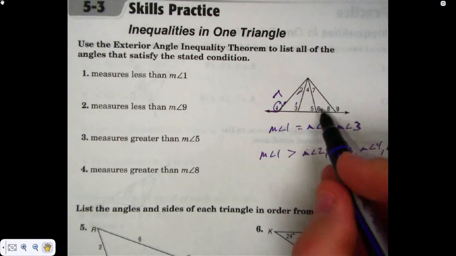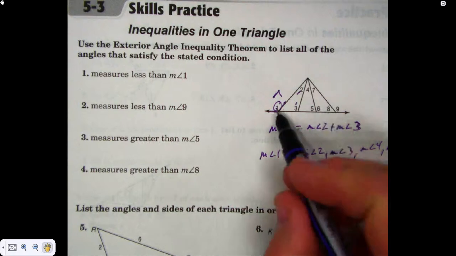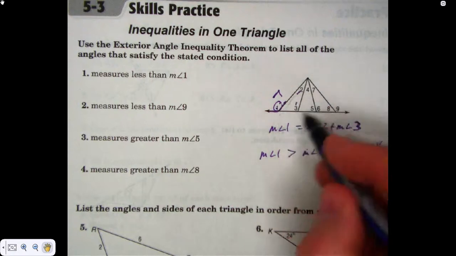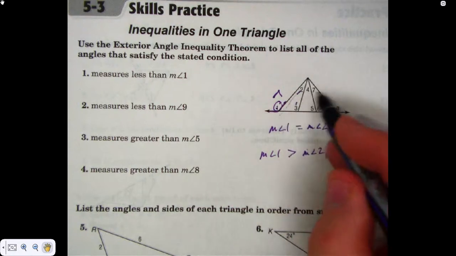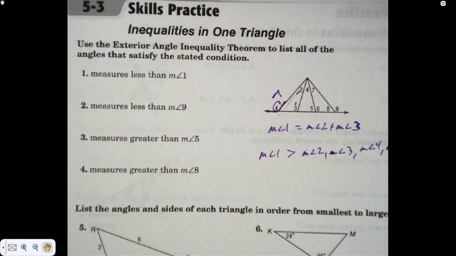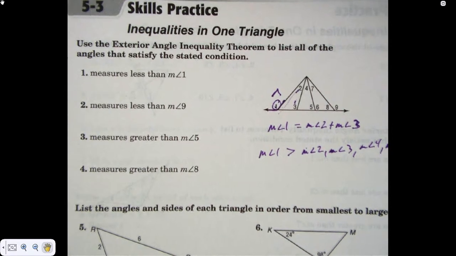Can't include 6 because it's not a remote exterior angle to this one. But see, for this triangle, it would be greater than all of those. Does that make sense? And so on and so on. So you have to remember that on some of your problems.